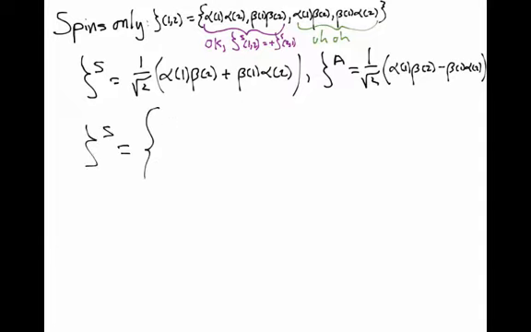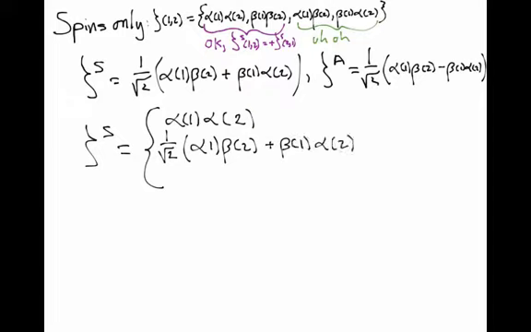So when we're all done, there are three possible ways to make a symmetrical wave function. I've got the up-up, alpha 1 alpha 2. I've got the 1 over root 2 alpha 1 beta 2 plus beta 1 alpha 2, that's symmetrical, and then I've got the down-down, beta 1 beta 2. So up-up has a total m sub s, z component, of plus 1.